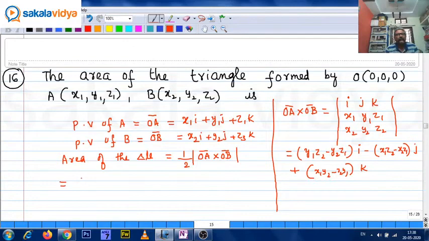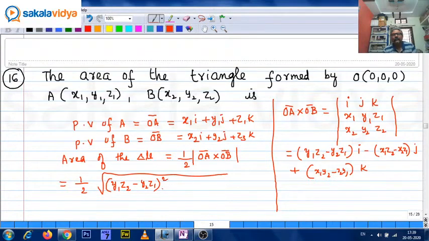That's why the area is half the modulus of the vector, given by the square root of the i component squared plus j component squared plus k component squared. You get y1 z2 minus y2 z1 whole square plus x1 z2 minus x2 z1 whole square plus x1 y2 minus x2 y1 whole square. This is the formulation, that's all.